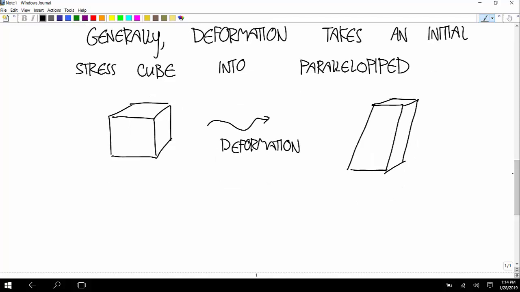And we'll break up that deformation into 2 different types of deformations. The first one is the lengths of the sides can change.